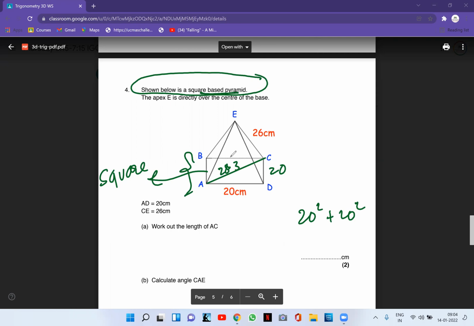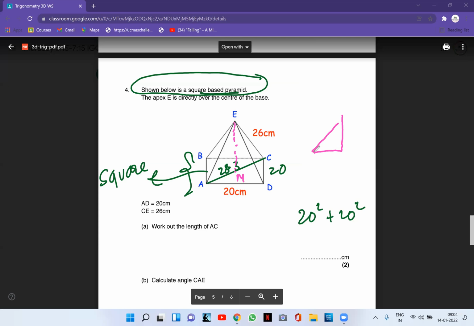So what we will draw? We will draw one median over here. So this is my midpoint. So then only we will be able to solve this sum properly. Because in order to solve this sum, we will need height. Okay.